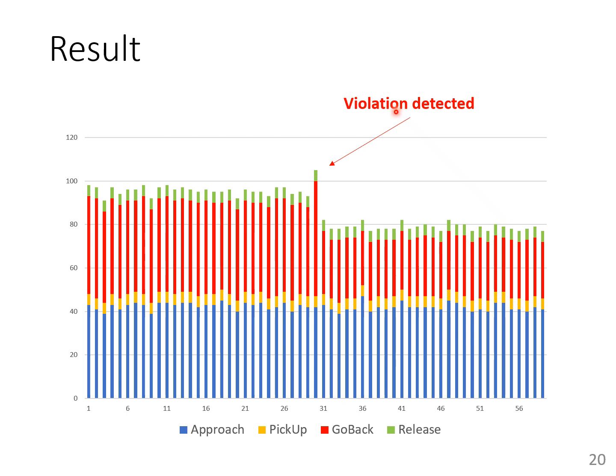And so from the 31st cycle onward, due to the component switch, we can observe that the execution time of the go-back task has been reduced.